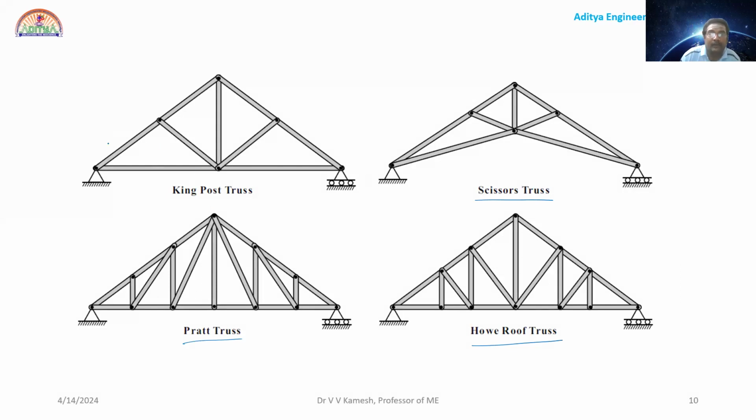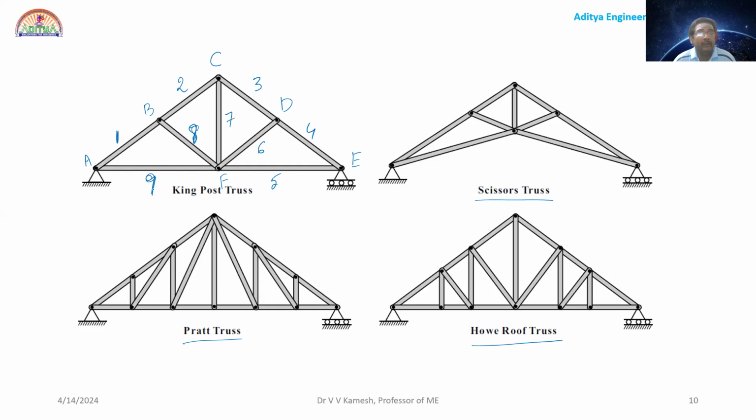For the number of members, suppose the joints are A, B, C, D, E, F. Now you see AB, this is member number one, BC second, CD 3, DE 4, and EF 5, and DF 6, CF 7, BF 8, and AF 9.